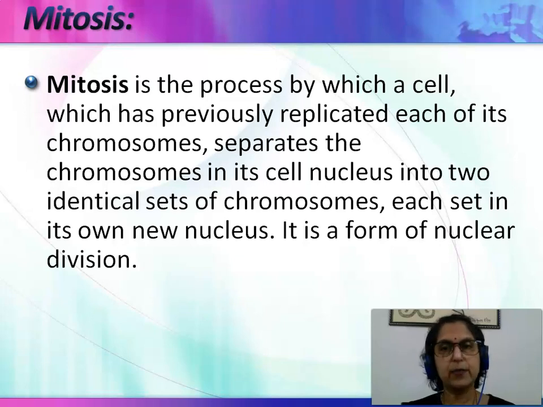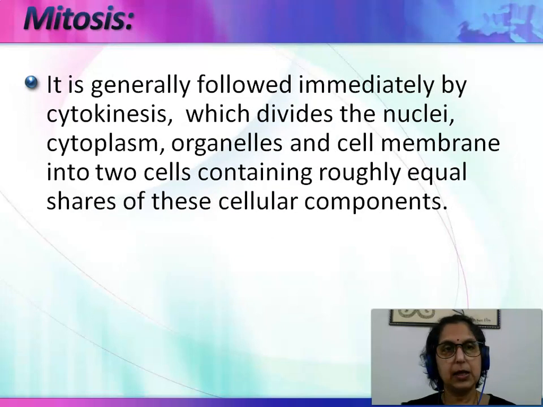It is a form of nuclear division. It is generally followed immediately by cytokinesis, which divides the nuclei, cytoplasm, organelles and cell membrane into two cells containing roughly equal shares of these cellular components.